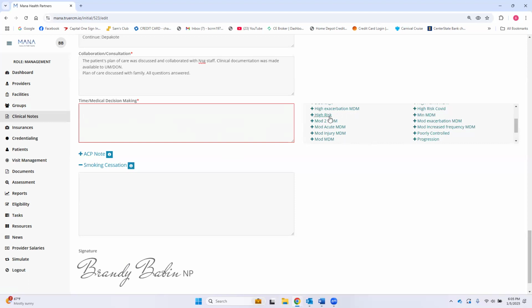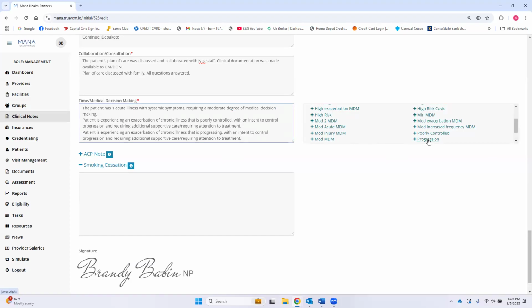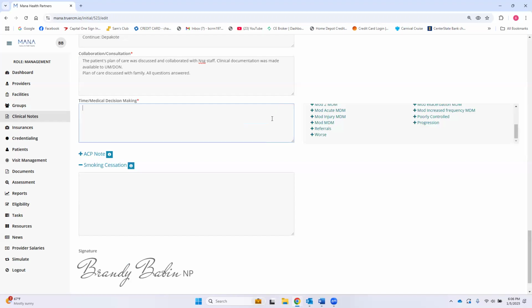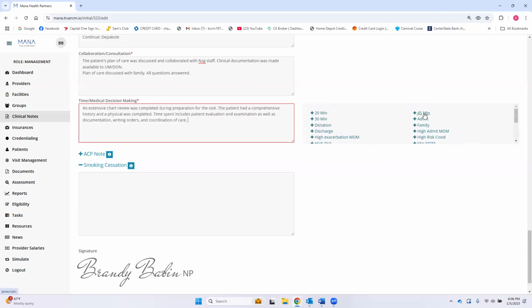You can click a moderate with one acute illness, and then you can also click exacerbation of a chronic illness. You can click progression. You can click that you've done a referral or that there's actually a worsening of symptoms. So utilize whichever ones are appropriate for your patient.